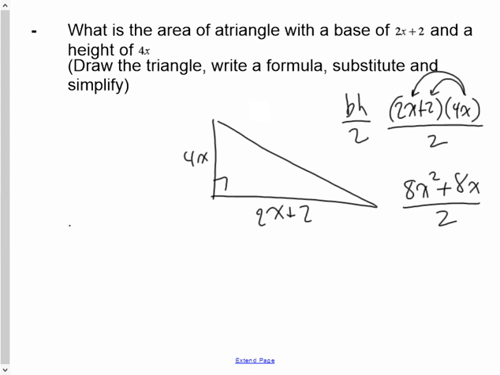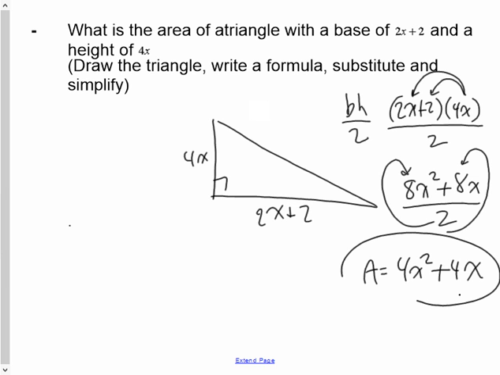And if we use distributive property a second time to divide the polynomial by 2, we would end up with 4x squared plus 4x. Therefore, the area equals 4x squared plus 4x. This is actually a 7-3 question right here. It's division of a polynomial by a monomial.